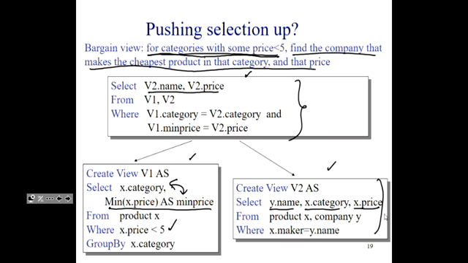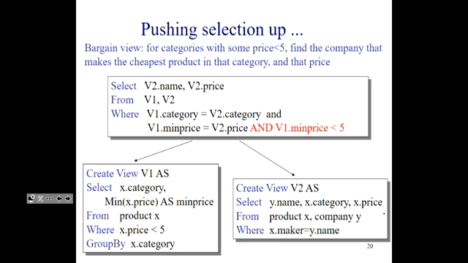So let's start with what I can do in this case. The first thing that I notice is that I have this x dot price is less than 5. What can I do with that? Well, I can first move this and have it apply to the overall expression, because since x dot price is less than 5, the minimum of x dot price is also going to be less than 5, and therefore v1 dot min price is going to be less than 5.